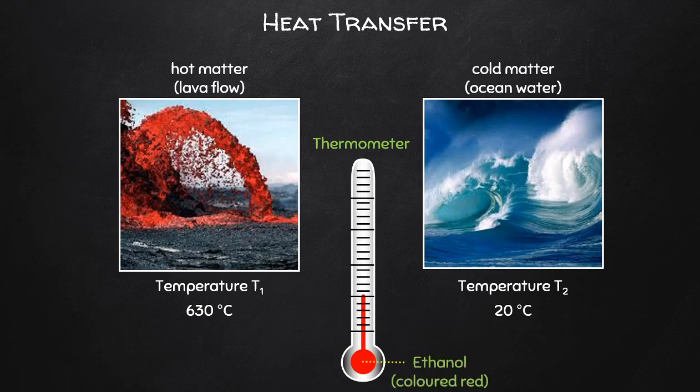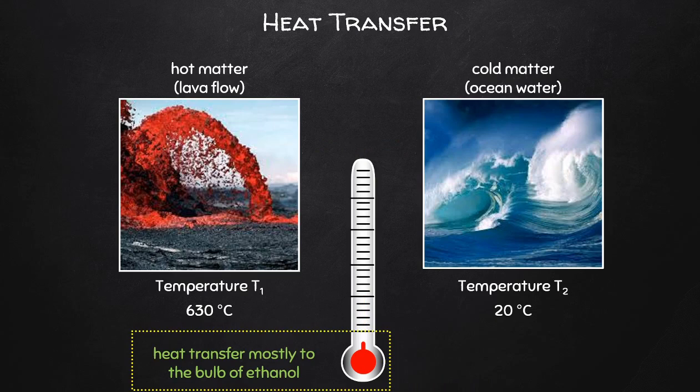The thermometer contains some fluid, such as ethanol, maybe dyed red or blue, and the fluid is contained in a larger volume at the base of the thermometer, and then there's a very, very small volume that is made up of a capillary that runs across the height of the thermometer, or the neck of the thermometer.